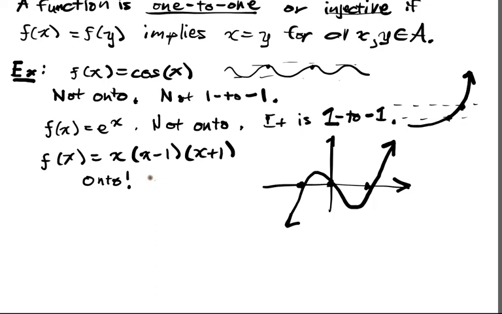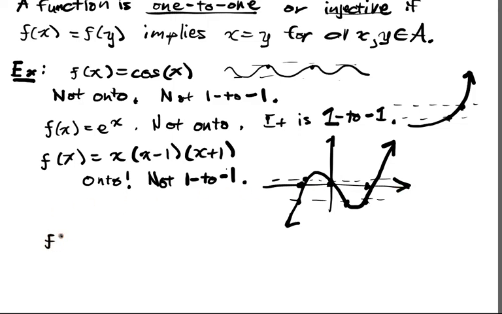So it's onto, but it's not injective. Not 1-to-1. Because if I draw a horizontal line, I hit 2 points here. If I draw another horizontal line, I might hit 3 points. So there's not a unique value associated to every single thing in the domain.